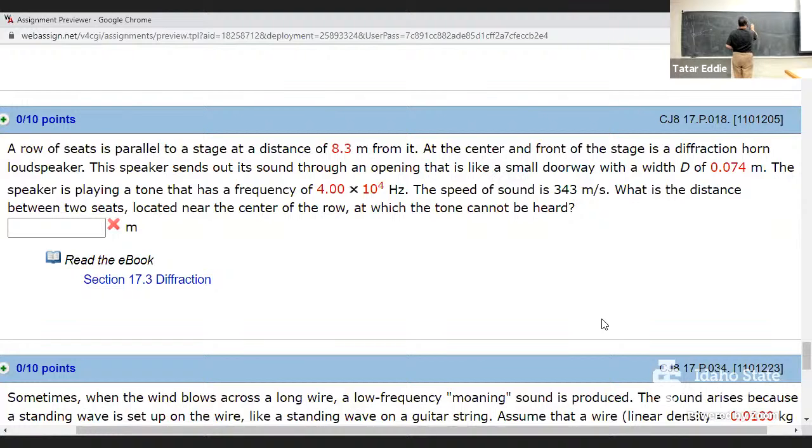So this is the opening. And you are given certain distances. The distance from here to here, for my version of the problem, is 8.3 meters. Let's call that distance X. Okay, X would work.